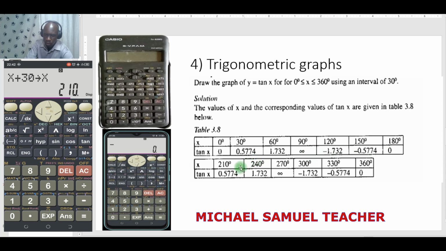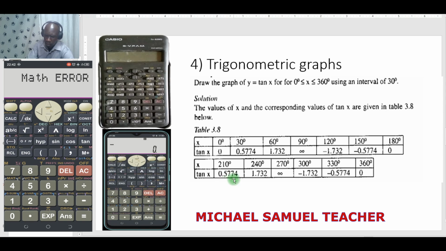Keep on pressing. When x is 210, we have 0.5774. Keep on pressing equal sign. When x is 240, the value of y, which is tan 240, is 1.732. When x is 270, press equal sign to get the value of tan 270.